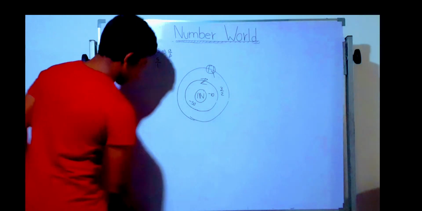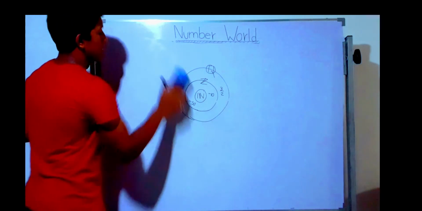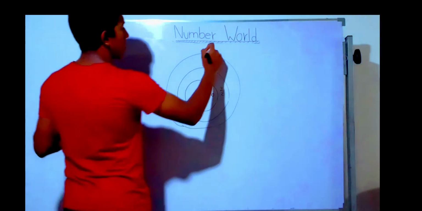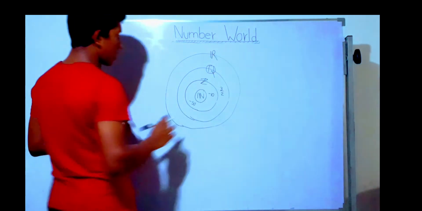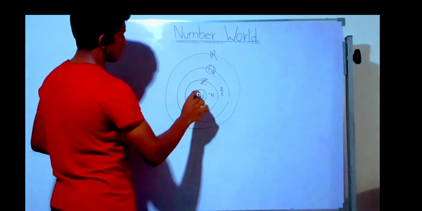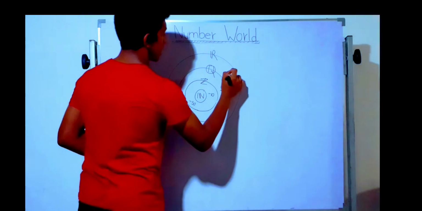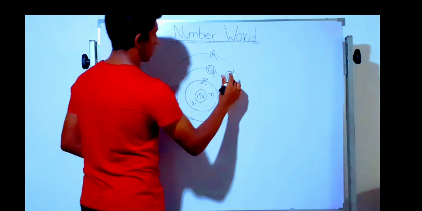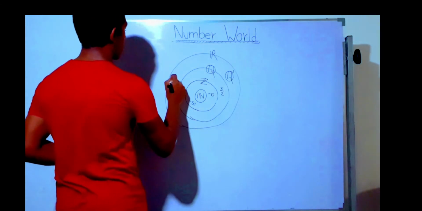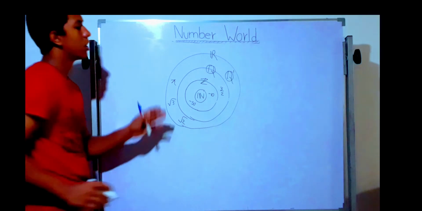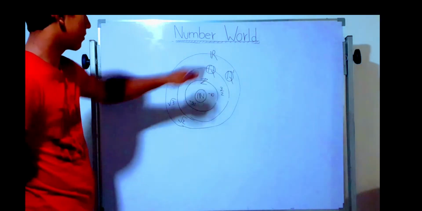Next, following that is the next circle, which is going to be the real numbers. Along with the real numbers, rational, integers, natural, and irrational numbers are included here. Irrational numbers are root 3, 5 root 3, root 2, and such. All of those are included here.